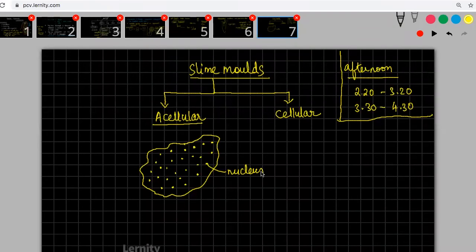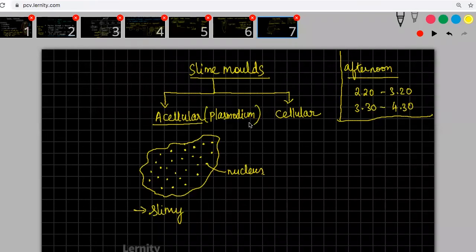It looks like a large mass of protoplasm in which there are thousands of nuclei, lacking cell walls. It will appear as if it is slimy, and this kind of structure is what we call plasmodium. Please understand that the plasmodium organism is different from this acellular plasmodium.